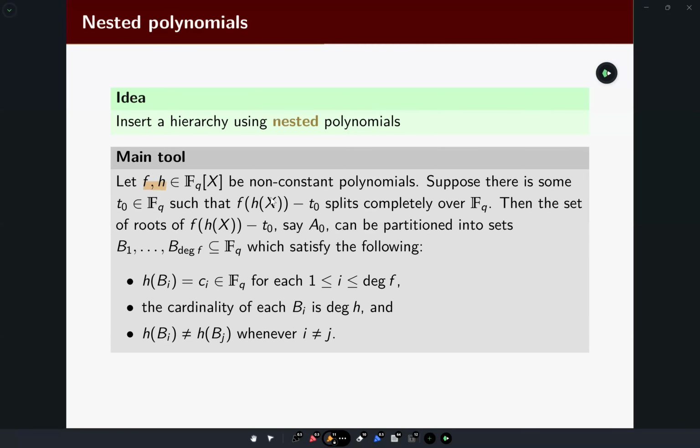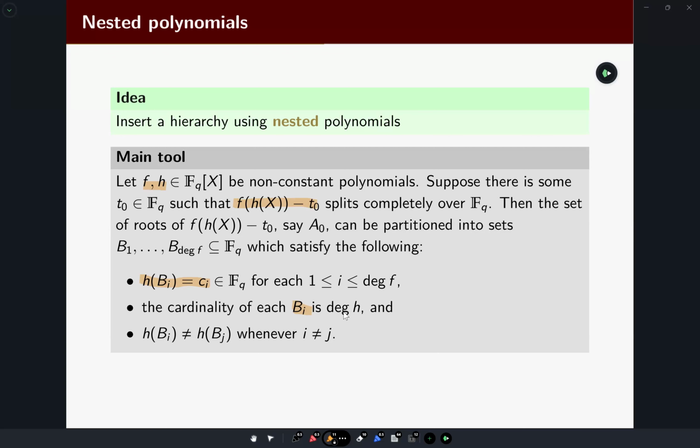The main tool was that we were able to prove that if we require this polynomial to be completely split for some element, then the polynomial h, which is inside, also has the nice property of having a totally split place, which means having a set B_i where it is constant, where B_i is of size deg(h).